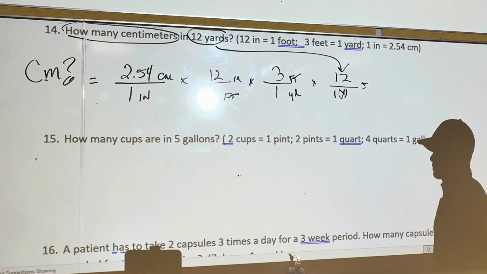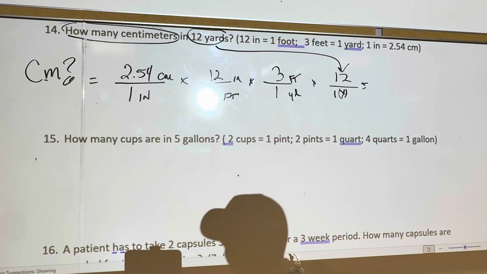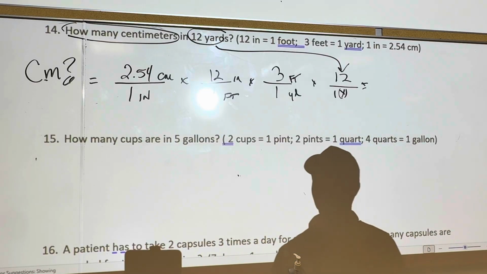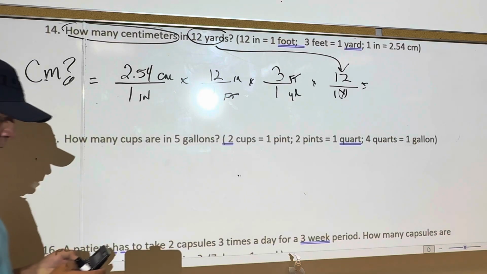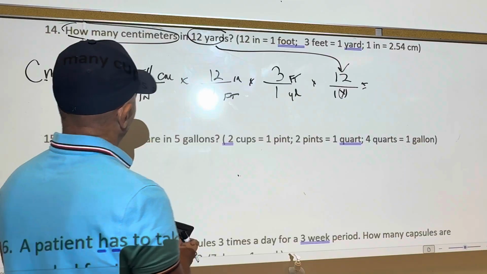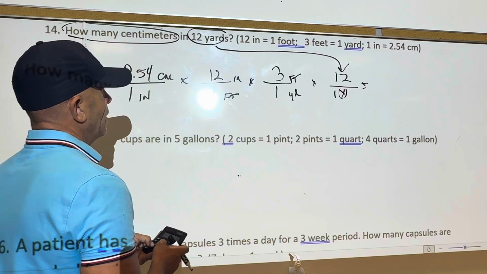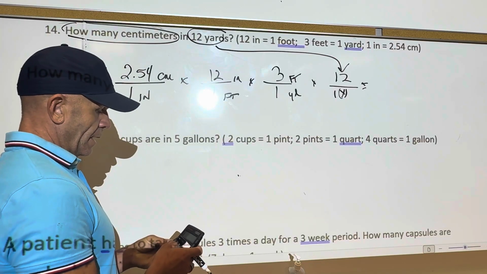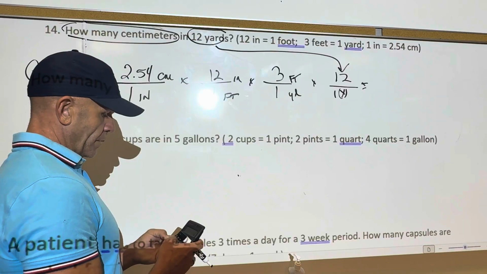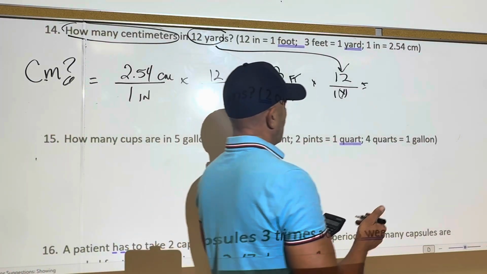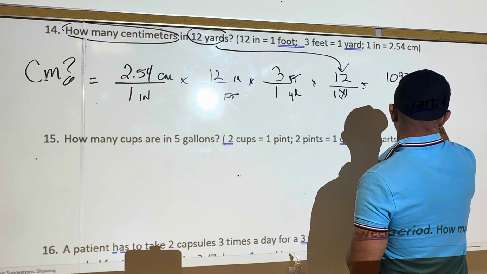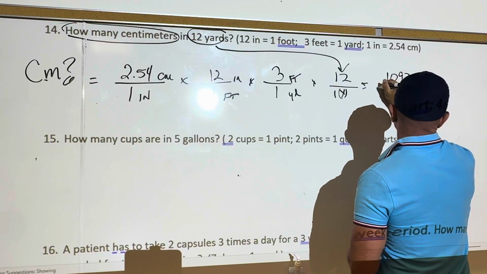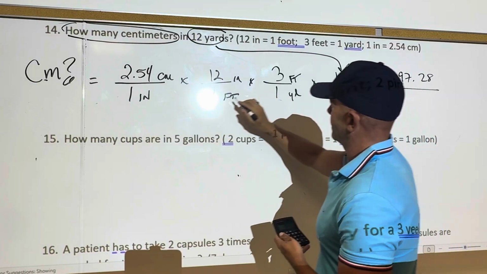So, what do we do? We multiply across. 2.54 times 12 times 3 times 12 equals 1,097.28 over 1 times 1 times 1 times 1.